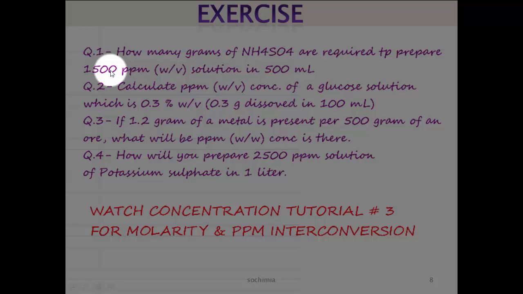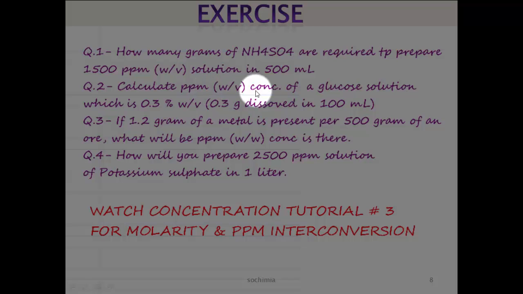ppm values are given here, and you will use the formula that mass of solute divided by volume of solution in ml multiplied by 10 raised to power 6 equals ppm, and ppm are given, and there's no need to put molar mass of the substance here.